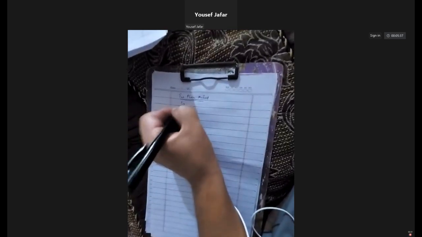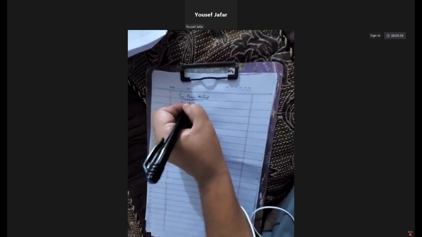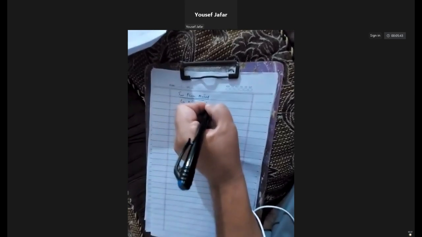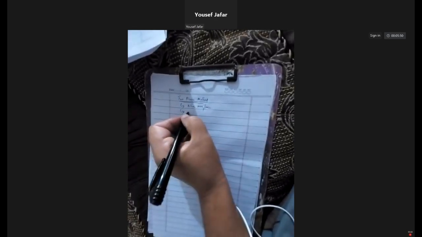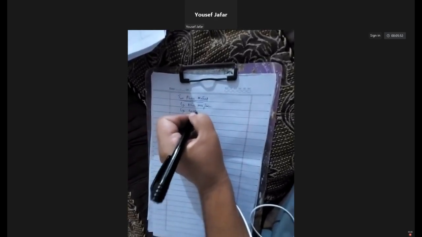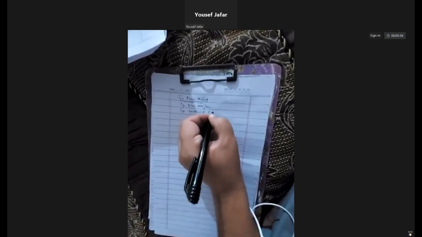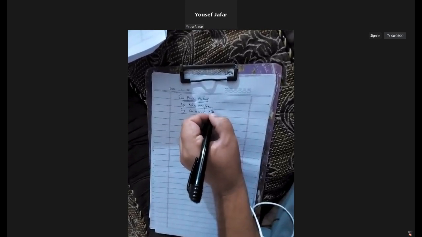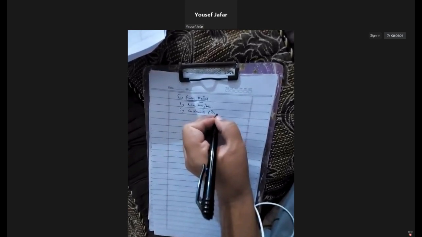So the first condition is that it can be either maximum or minimum one. So it doesn't matter, unlike simplex. And the other thing is that the constraints will be like greater than or equal to and equal to.